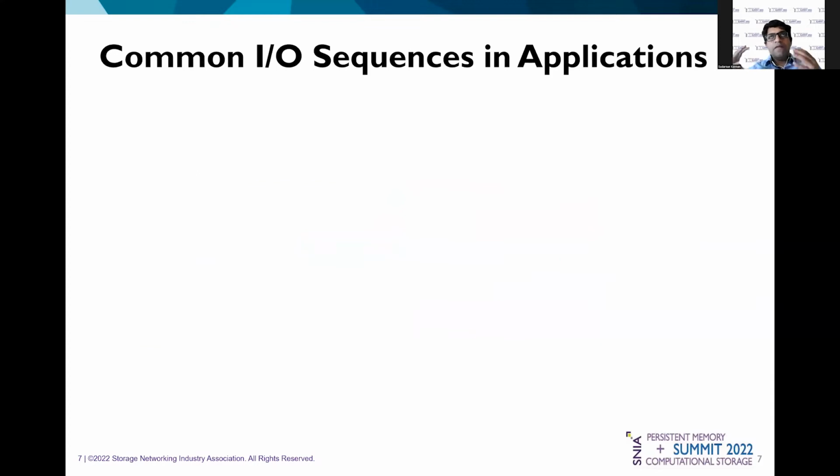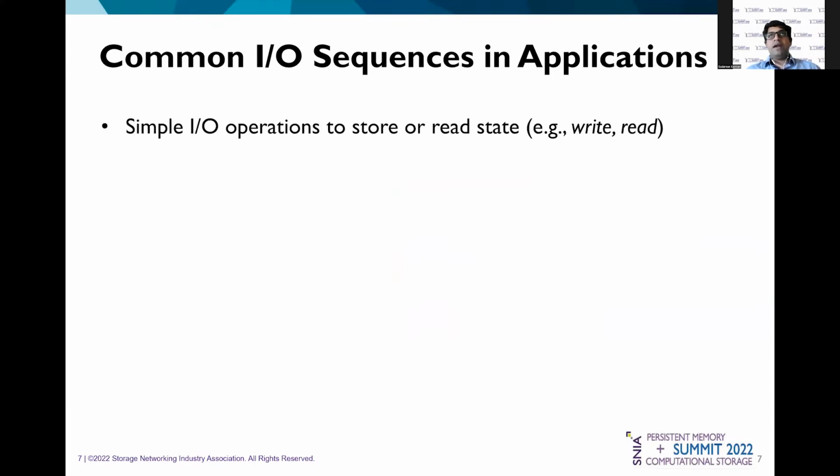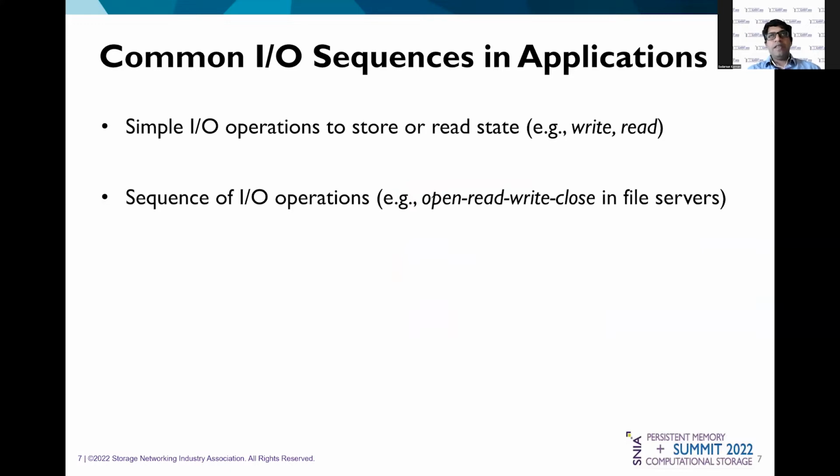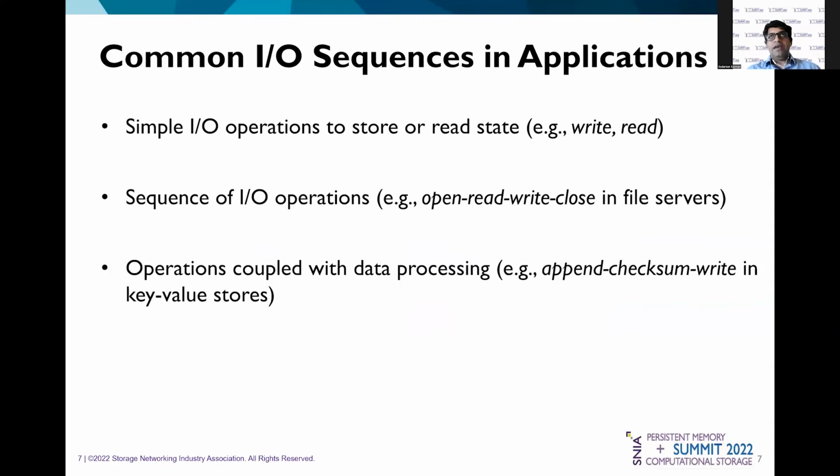But if we want to reduce the I/O overhead, we need to understand what form of I/O sequences applications execute. One form of simple I/O is just a simple read or write operation. But beyond that, applications also sometimes issue a sequence of I/O operations, for example open, read, write, close. Other applications might also include some form of data processing.